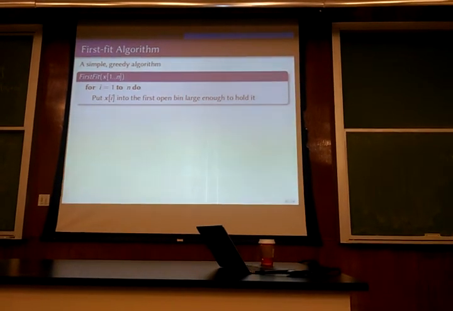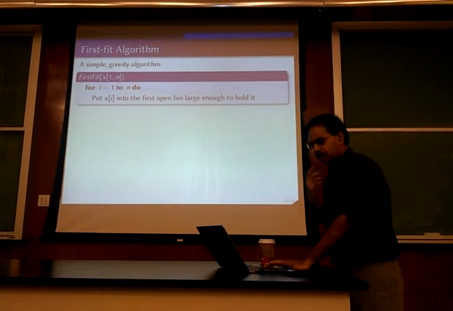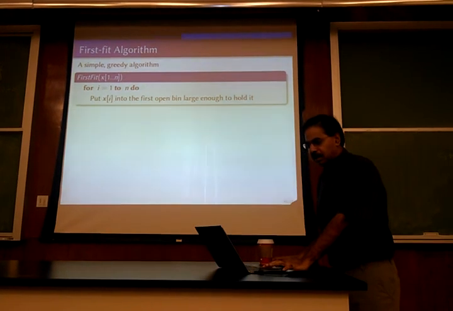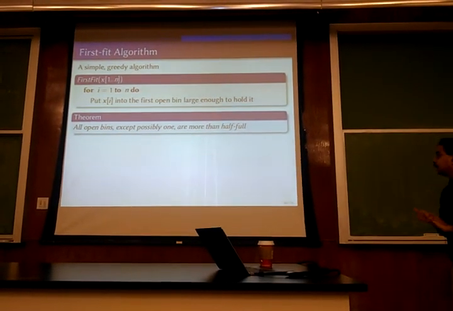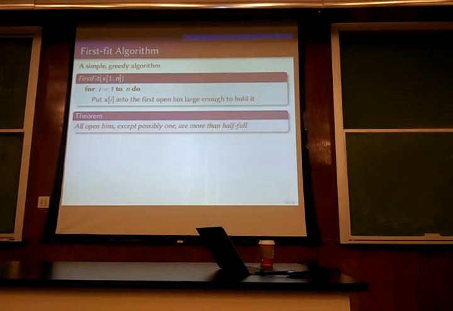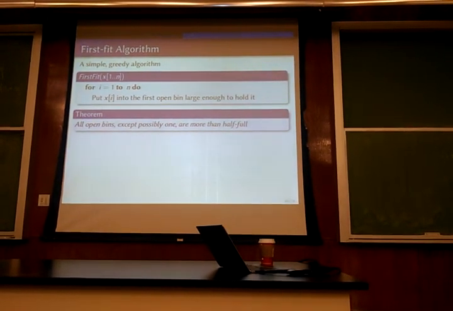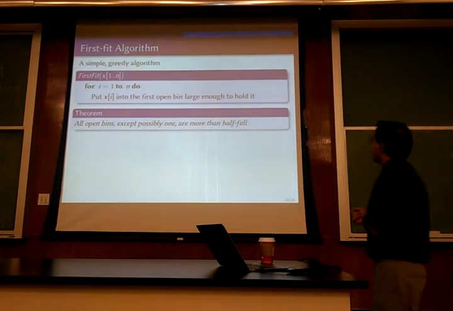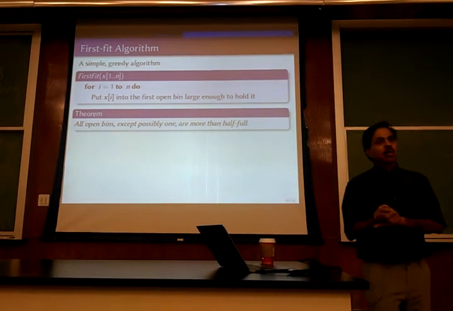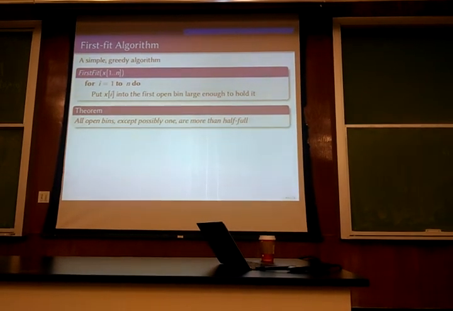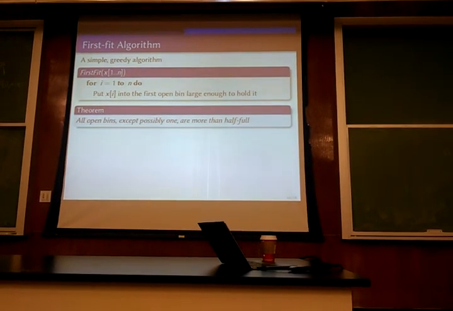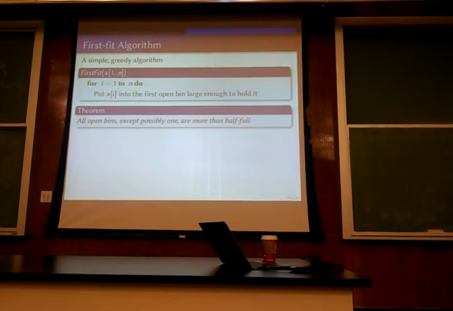Now the question is, how can you analyze how good the solution is? To do that, we can make this assertion: all open bins except possibly one are more than half full. Or in other words, there can be at most one bin which is less than half full.